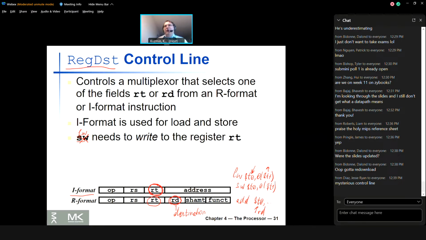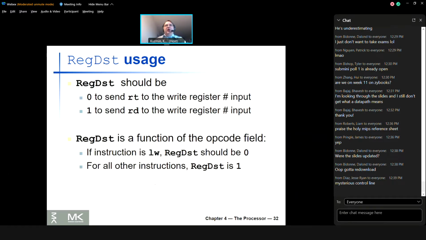And that's why we need a multiplexer that selects that, with the register destination control signal serving as a selector. Now we have to come up with a particular method of encoding. If the selector is 0, the value will be written to RT, and when this selector reg DST is 1, the value is going to be written into RD.